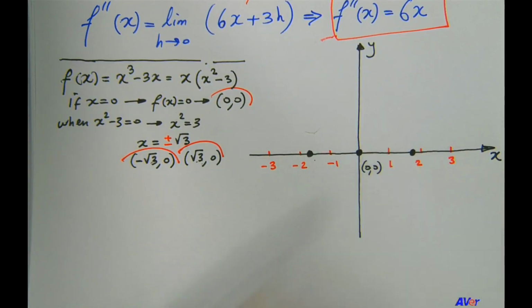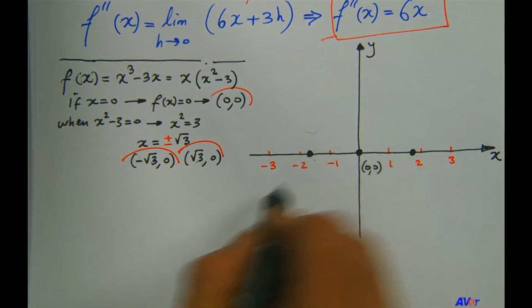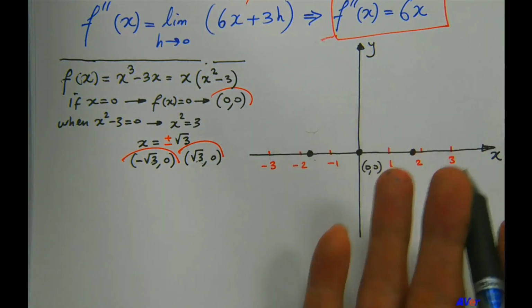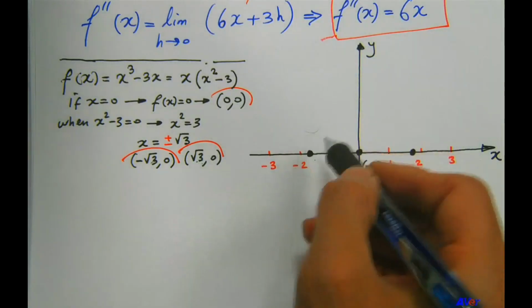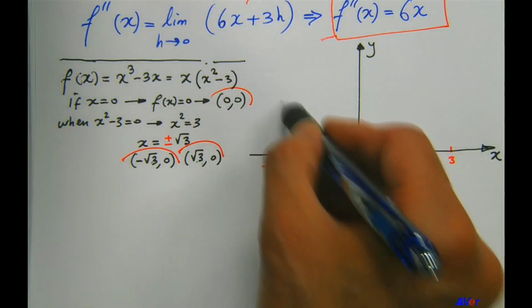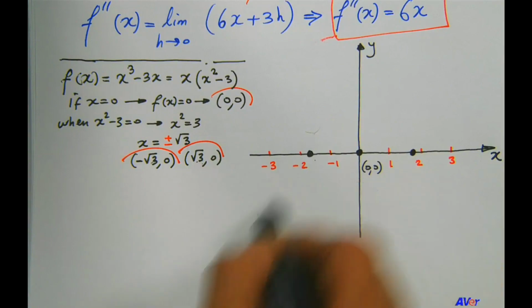So the only thing we have to know at this point is which side it approaches from. Does the graph of the function approach this point from up here or from down here?